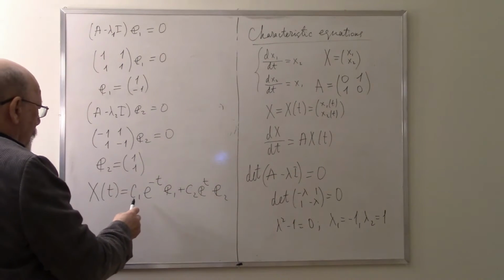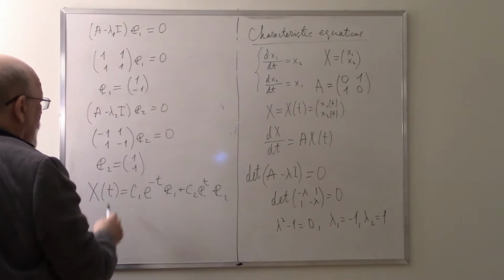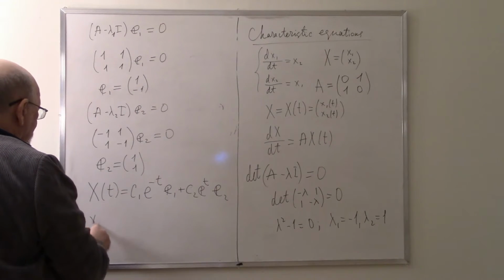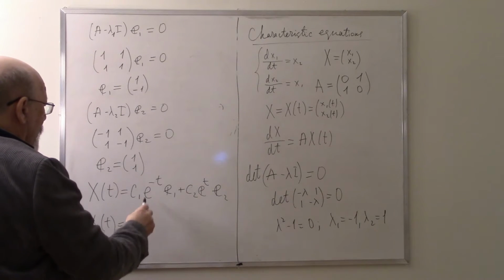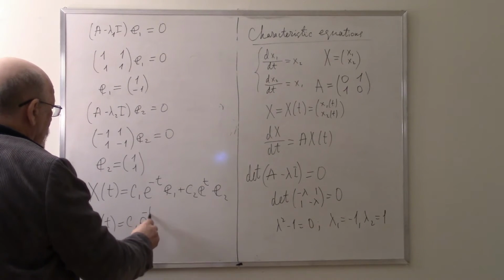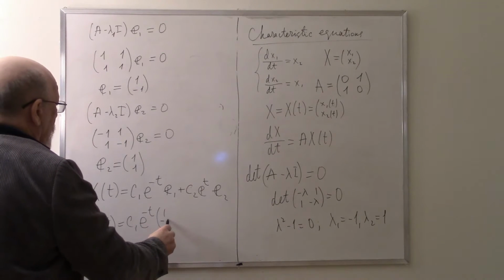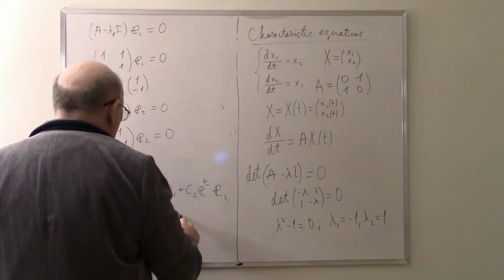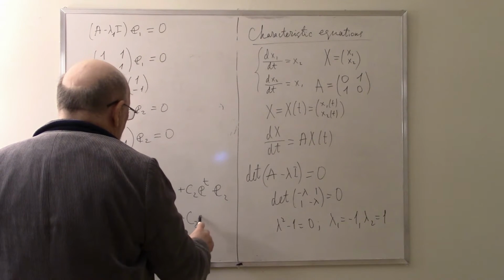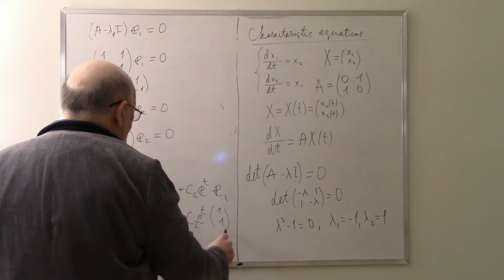And now, what is E1? It is 1, minus 1. So x of t equals c1 e to the minus t times 1, minus 1, plus c2 e to the power t times 1, 1.